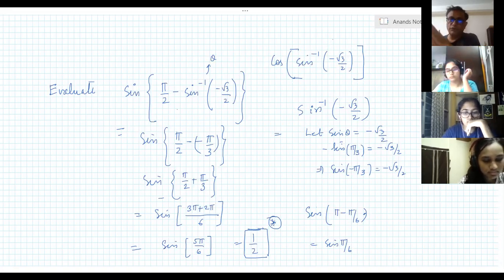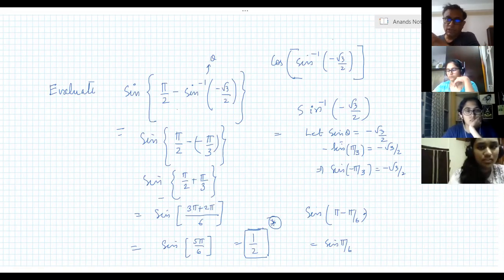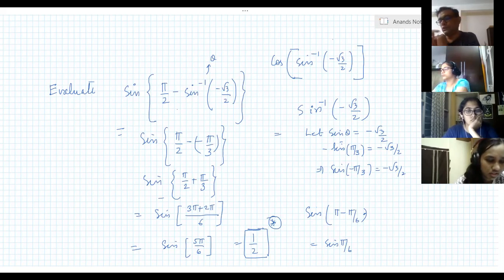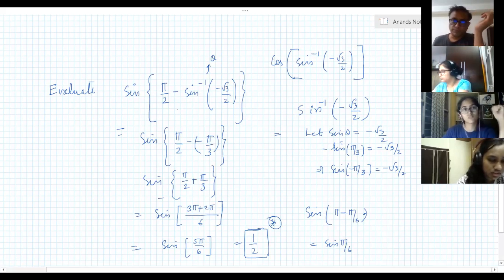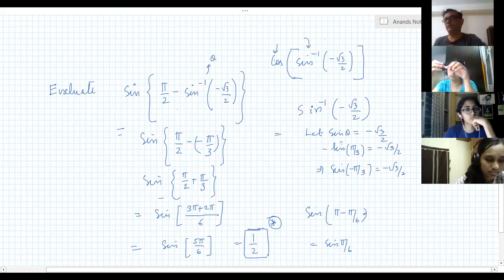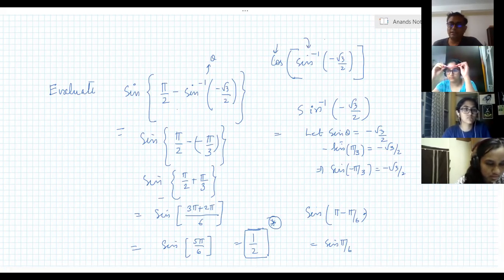If you are able to write sine inverse of minus root 3 by 2 as cos inverse, then cos of cos inverse of theta is theta. That identity I'll teach you, and how to express one in terms of the others. Sine inverse as cos inverse as tan inverse, all that we will learn tomorrow. And we will do more sums like this, where outside is something, inside is something, still you have to find the value.